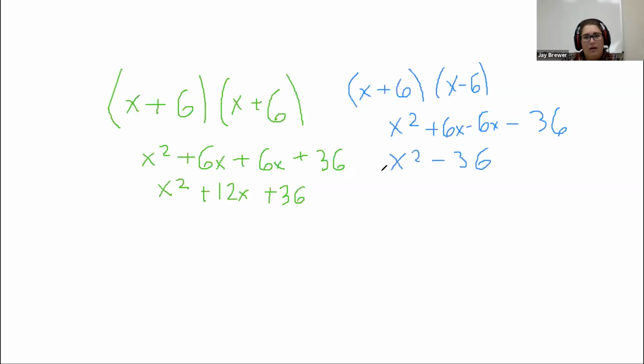So this is typically the part where teachers like to tell you that you can take a shortcut, and that shortcut would be if you notice that it's two binomials multiplied by each other and they are identical but have different signs, you can get away with just multiplying the first and the last.